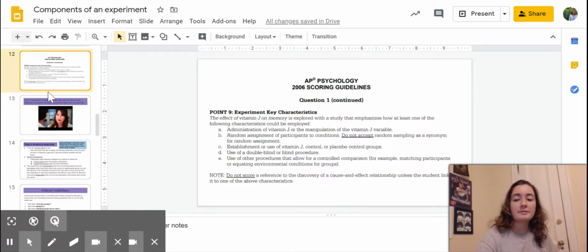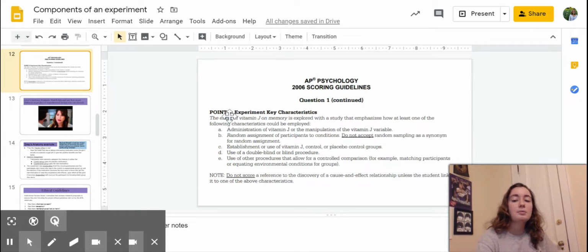And I went over the difference of random assignment versus random sampling, and we know that random assignment is a very important characteristic of only an experiment, because only an experiment has the control and experimental groups.